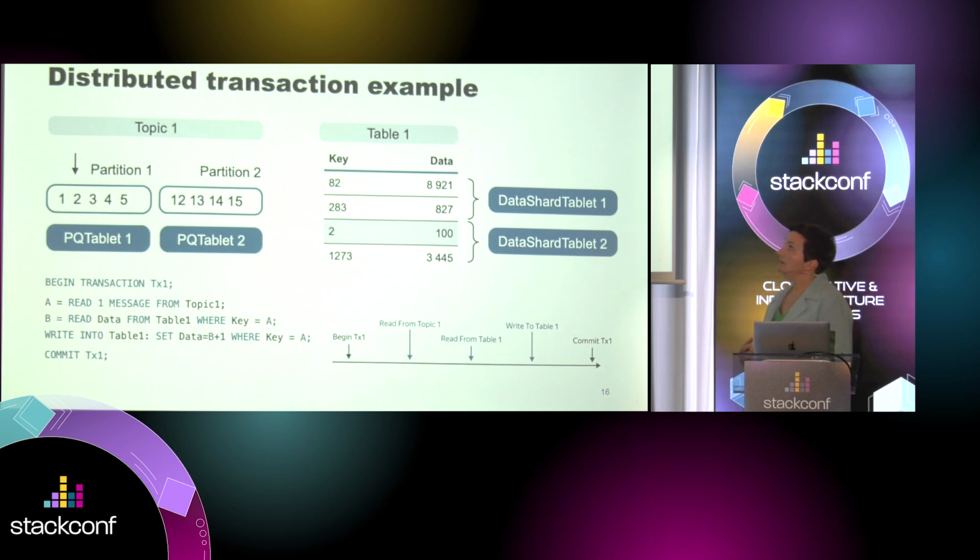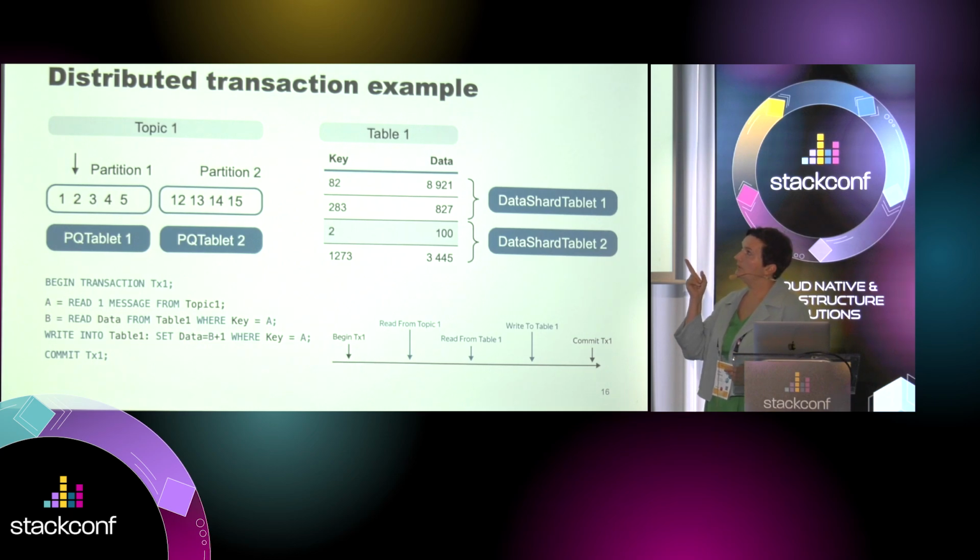Here you can see a distributed transaction example. We want to read a message from topic 1, use this value as a key, and update the value in table 1 by this key. So if this transaction succeeds, the third row will have 101 in the data field.